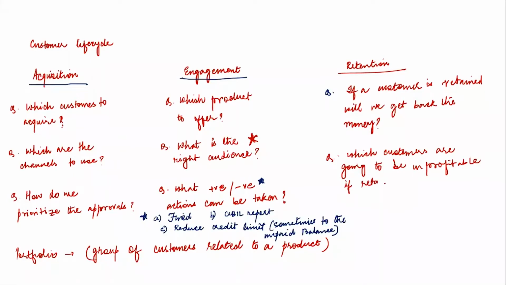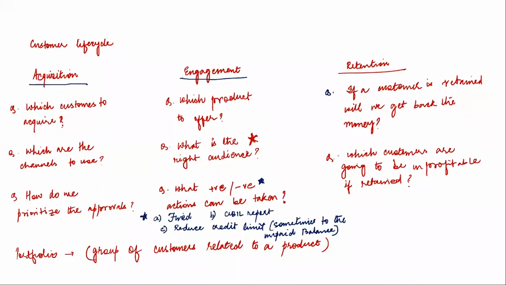So if some credit card customer says I want to go away, and you see that in any case this customer was not profitable, and if you retain the customer, then most likely they're going to be unprofitable, they will let you go. But if you don't want to pay back the money, then the bank will sell your loan to some other third party. Suddenly you'll start getting calls from XYZ company that your loan is with us, you have to pay us this much money, not a certain bank.